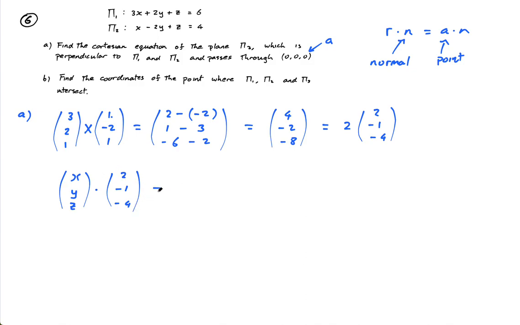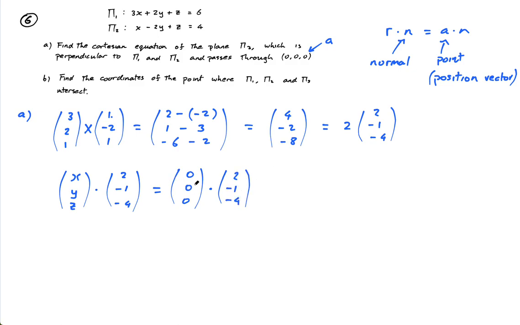This dot this equals a dot n, which is, by the way, technically not a point, it's a position vector. I should have made that clear. So this would be 0, 0, 0 dot n, which is again 2, -1, -4.